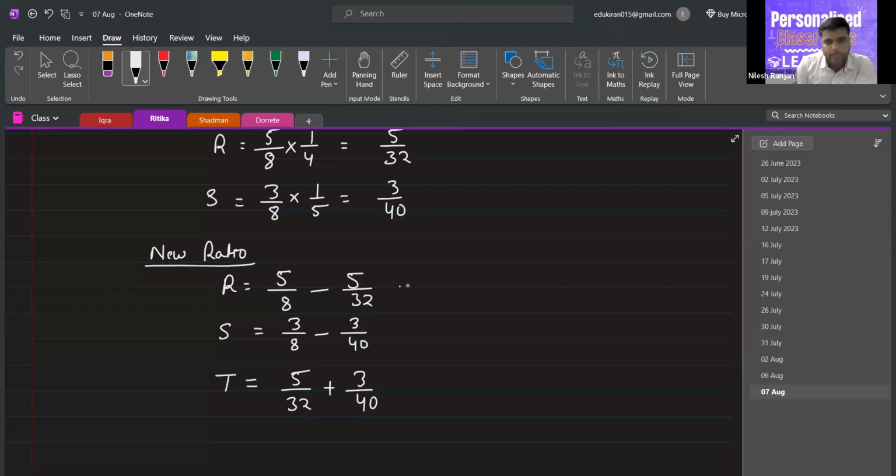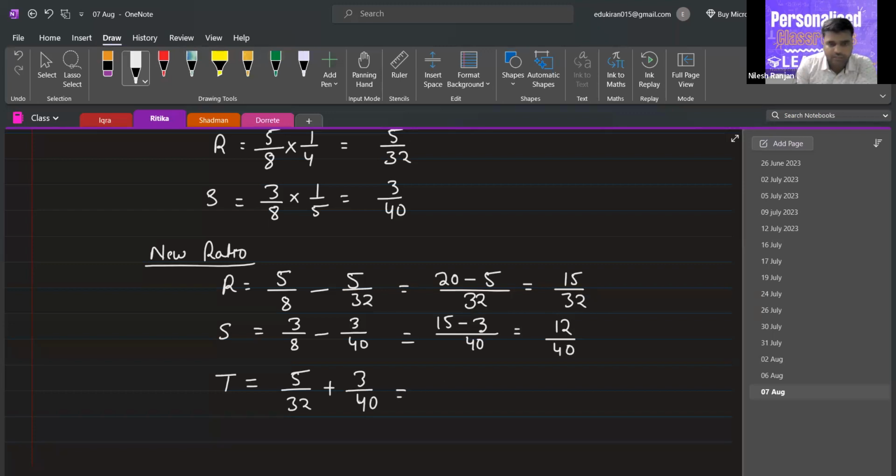So 32, 20 minus 5, it is 15/32. Again 40, 15 minus 3, it is 12/40.